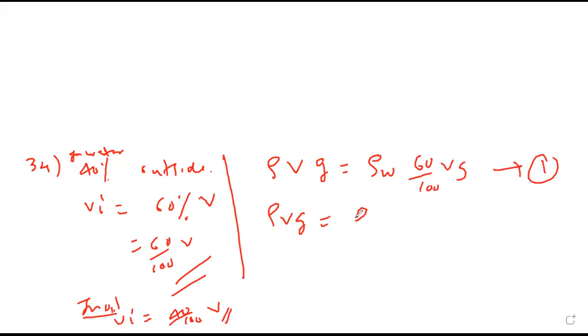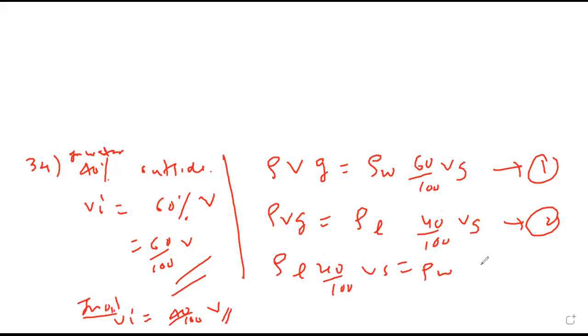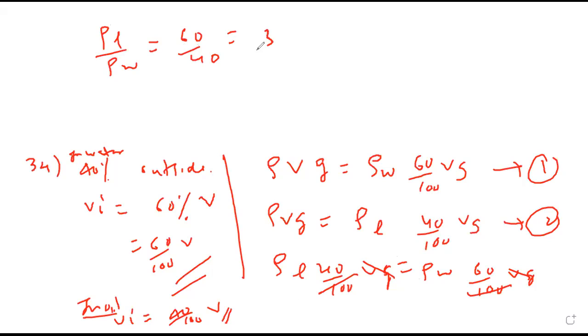Same weight is balanced by density of liquid, 40% of volume into G, so density of liquid into 40% into volume of solid is water into 60% into volume into G. This gets cancelled, 100 cancelled. So density of liquid with respect to water will be 60 upon 40, which is 3 upon 2, 1.5. 1.5 is option.